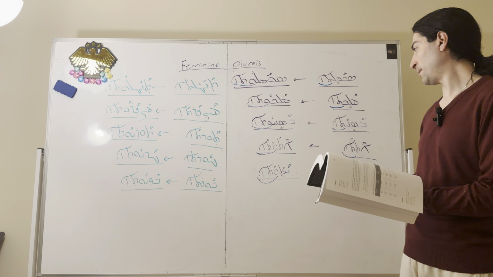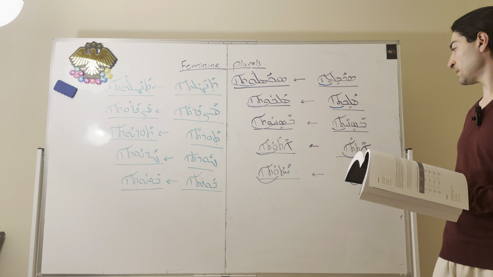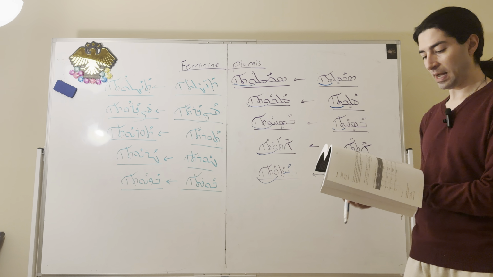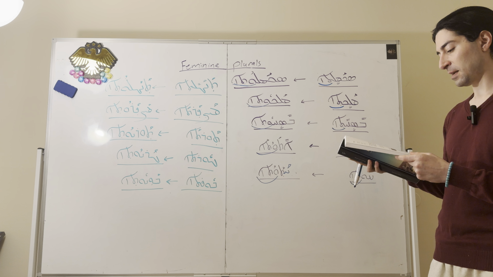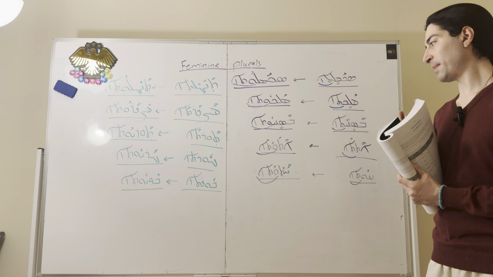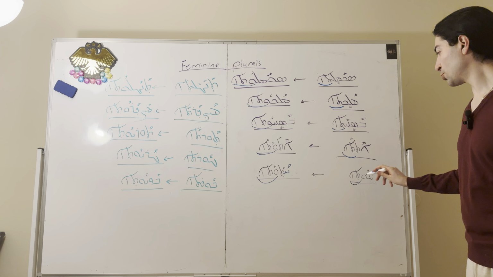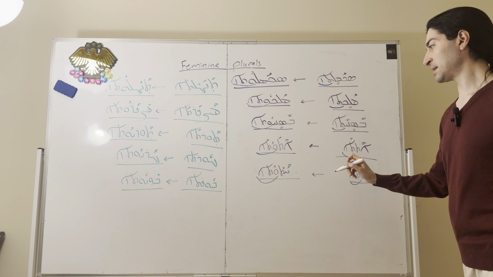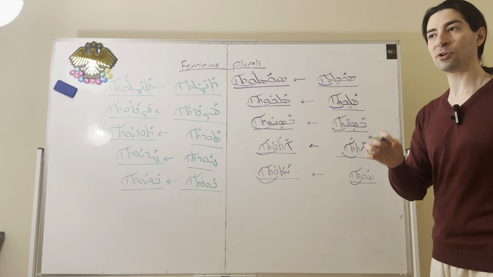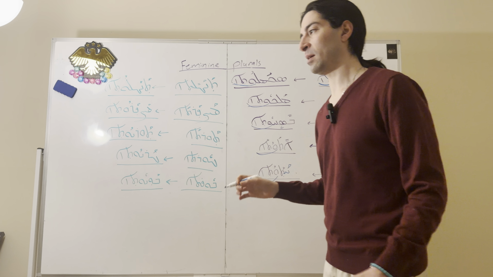Hotha becomes Hatha Wotha. And Beitha becomes Beith Wotha. So we shorten it if there's a vowel here. And then instead of just adding Otha, we add Wotha.